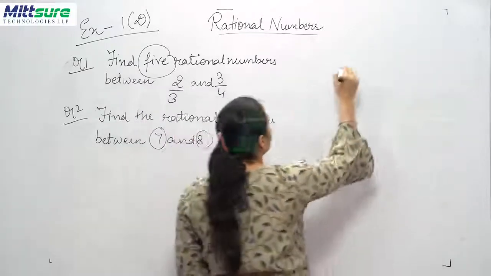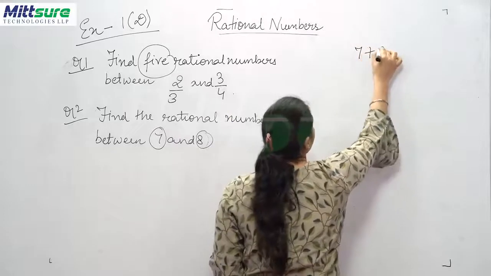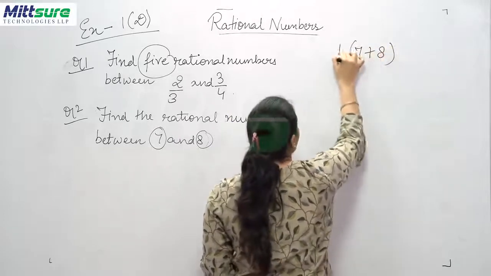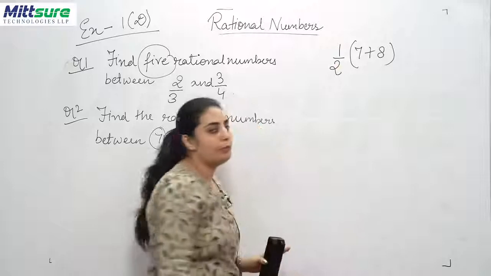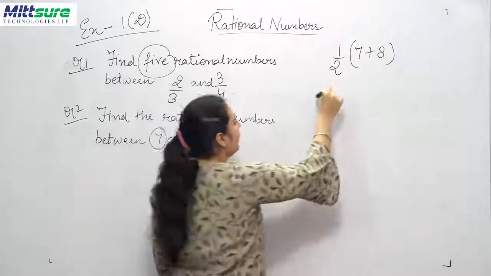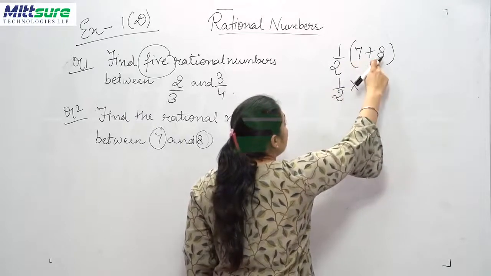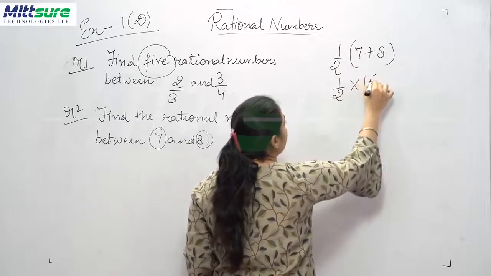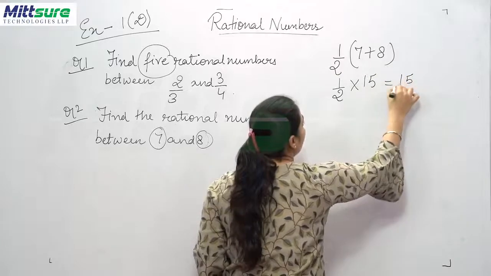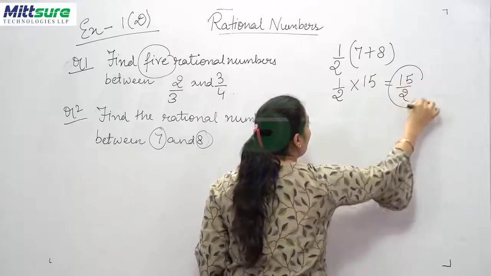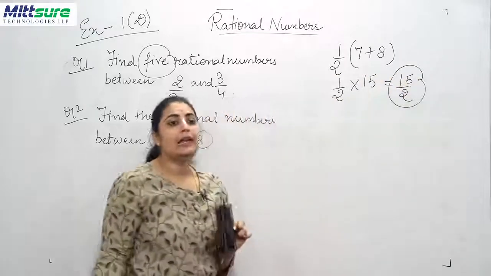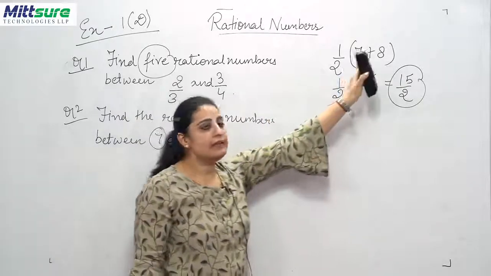As I have told you, you are supposed to add the given two numbers and multiply by 1 upon 2. So when I multiply 1 upon 2 by the sum of 7 and 8, that is 15, I get 15 upon 2. So 15 upon 2 is the midline number between 7 and 8.